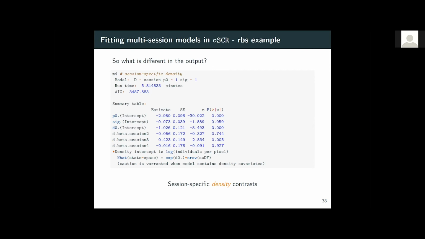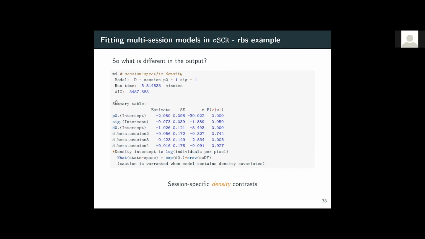And then I'm going to have a contrast for all of the other sessions. So I know I should have 4 density rows in this model output. And then because I have the intercept-only model for these 2, I know I should have a further 2 rows, which are going to be the intercept for detection and an intercept for sigma.